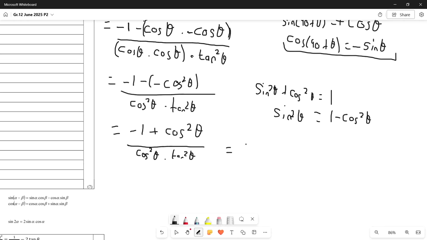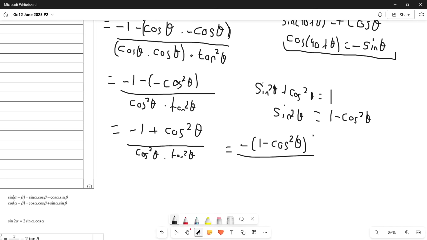So all that means is that we can take a negative out and then swap the signs, and then we get it in the form that we want, because a -1 distributed back there is -1, negative cos squared theta is positive cos squared theta, and that has the same meaning. So this is looking pretty good for us.